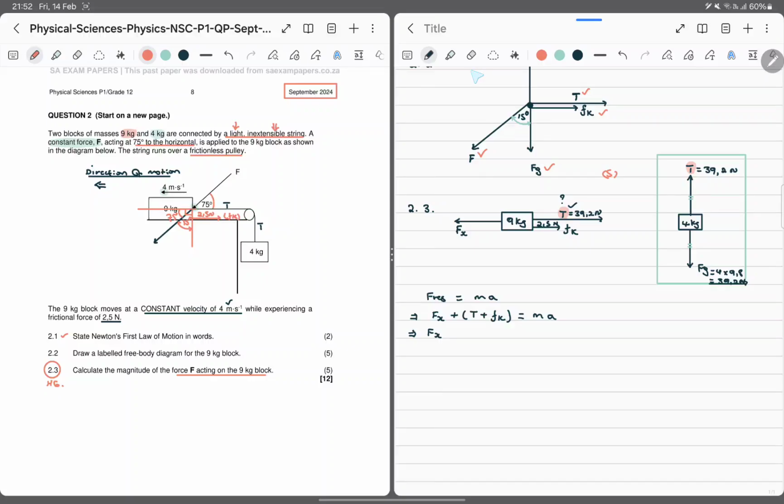Of course, at this point we can decide to use a triangle rule of trigonometry. Remember, this forms a triangle, so to speak. So this is going to be the force in the y direction, whereas that becomes the force in the x direction. And guess what? The angle is still that 75 degrees.